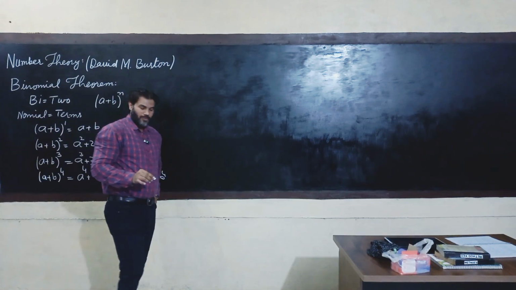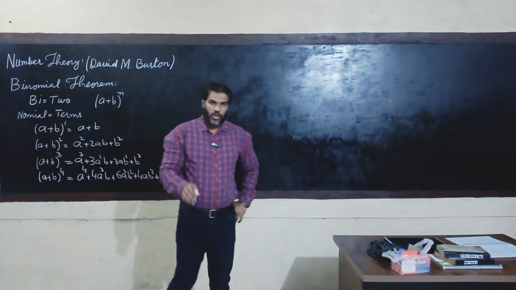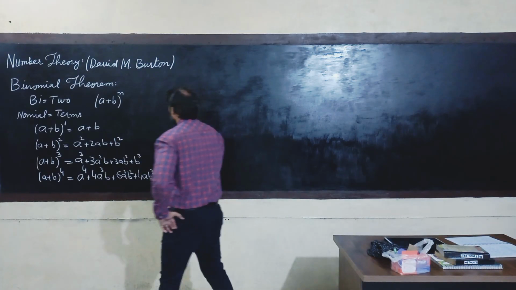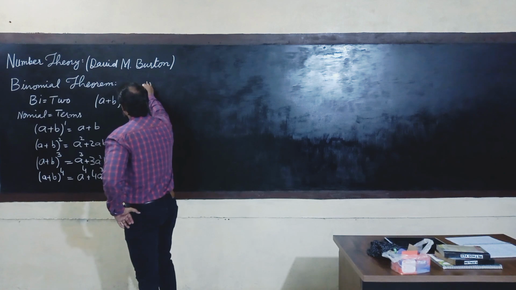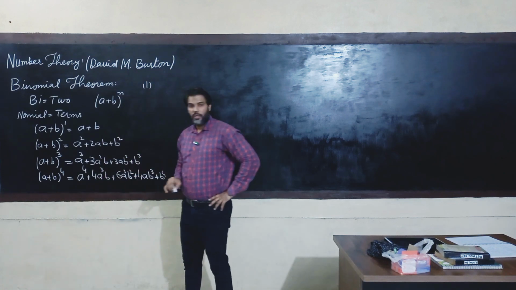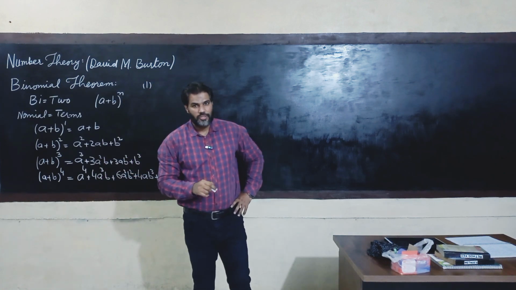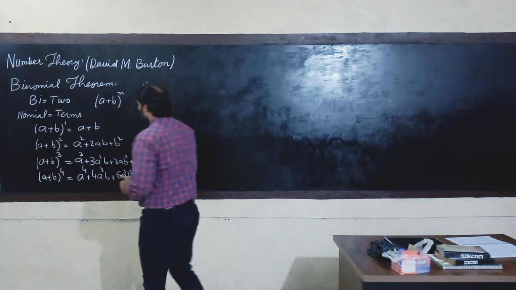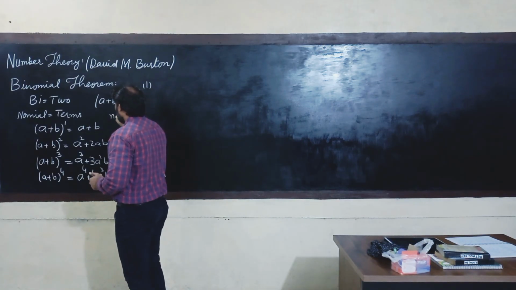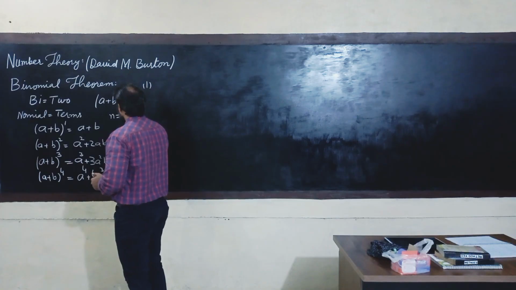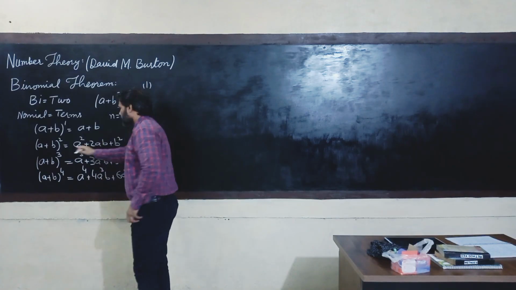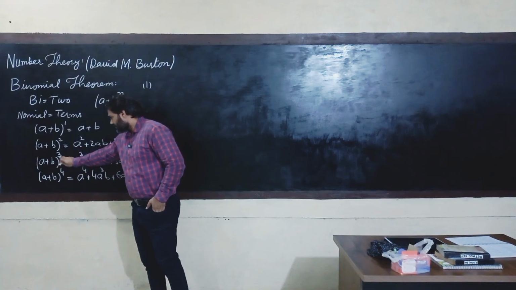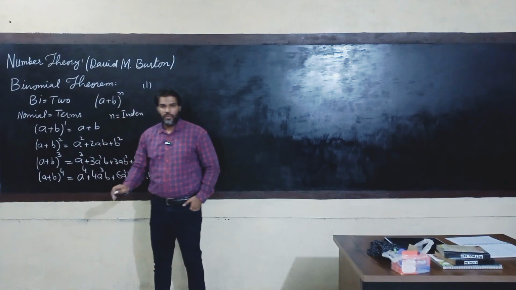From these four formulas, you can observe the following important things. The first one is the number of terms in each expansion is one more than the index. Index means power, exponent. In this formula the index is 2, here the index is 3, and here the index is 4.